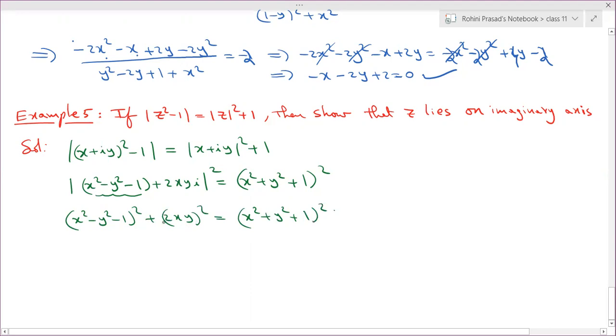And if you observe this carefully, you get this x square minus of y square plus 1 the whole square, and then plus 4x square y square equal to the x square plus y square plus 1 the whole square.